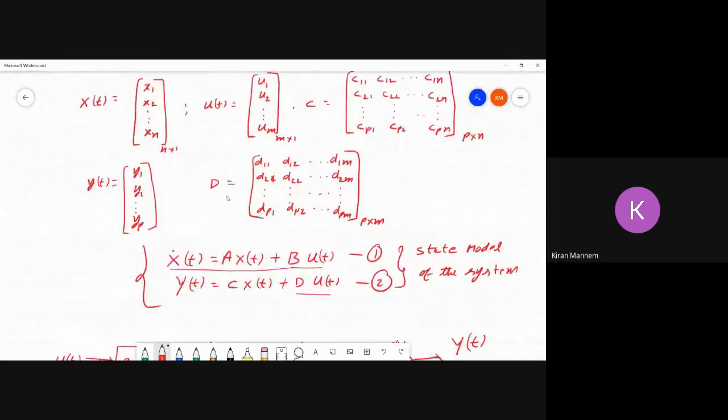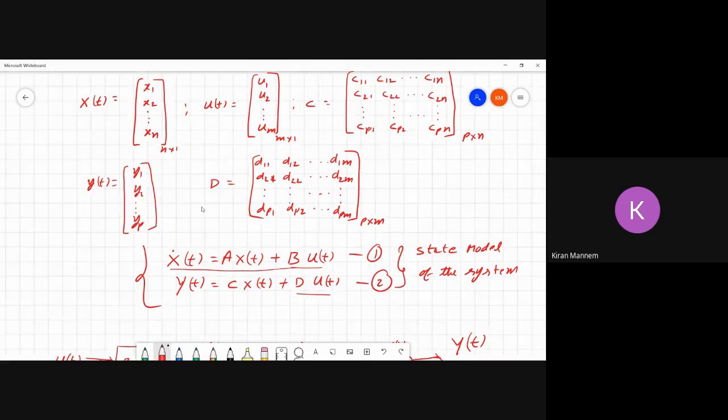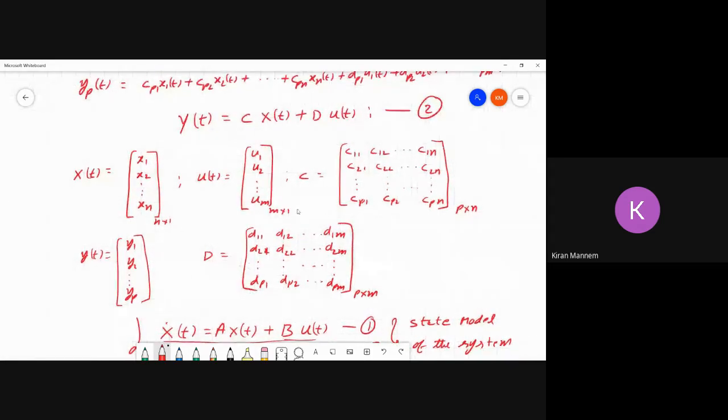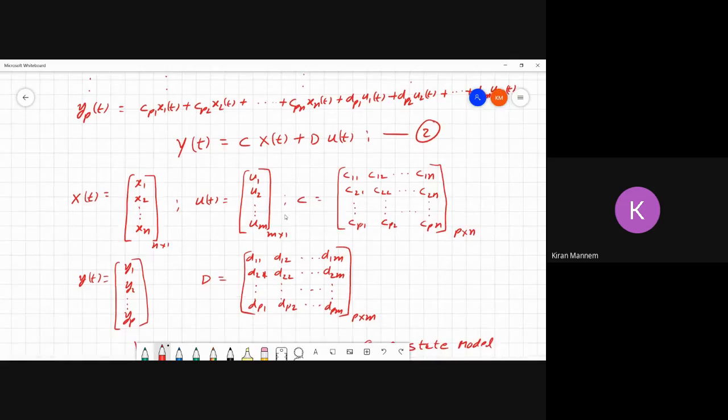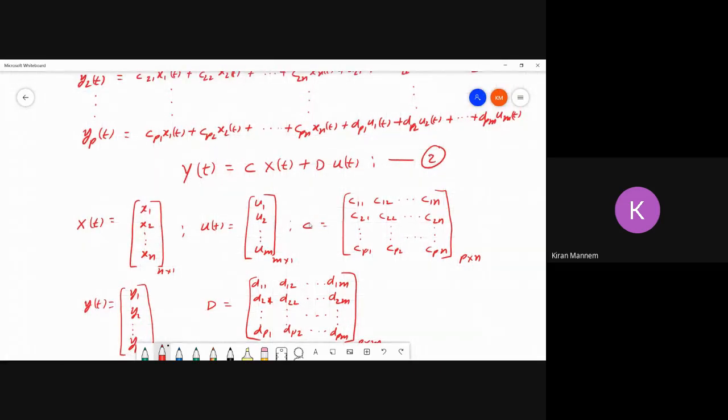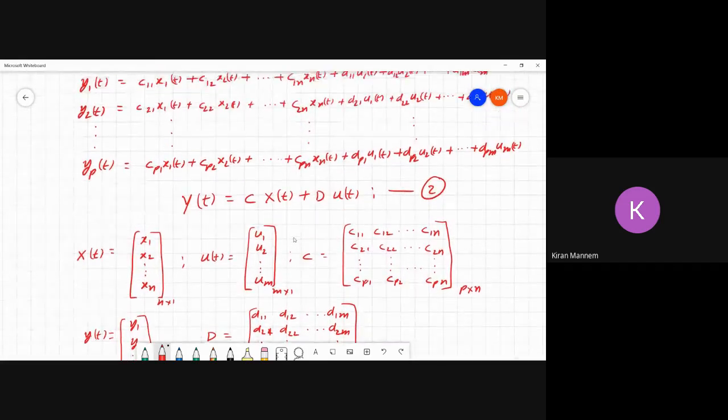So D is P by M, with P equal to 1 and M equal to 1, so you have only one element. That is constant D11 only, right? And for C, P equal to 1, so it is 1 by N only, right? And U will be 1 by 1.